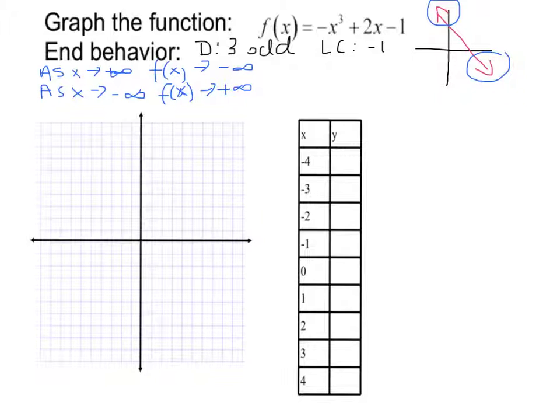After deciding the end behavior, we can start filling out our table of values using synthetic substitution. So I will start with -4. When I look at the function, the x squared term is missing. So I have -1, 0 as the placeholder, 2 and -1.